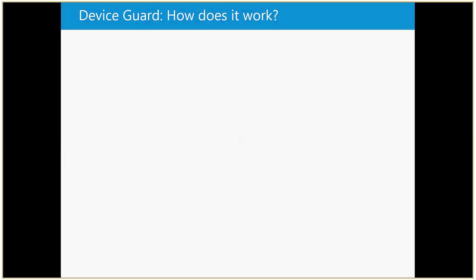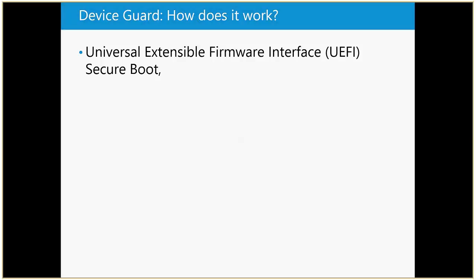How is this protecting what's running on a virtual machine or a physical machine? I'm going to show you this on a virtual machine, but it behaves the same way for a physical computer. First, it starts when the computer starts. When you first turn on a computer, the operating system is not in control. The BIOS is.